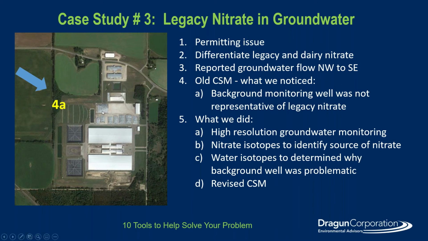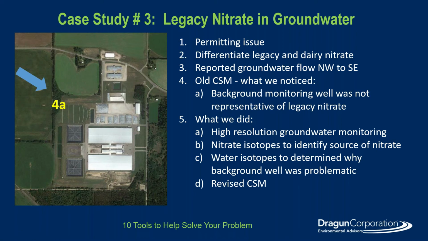We used water isotopes to figure out why 4A was problematic, and what was happening was the groundwater was mounding at 4A because of runoff from non-production areas, which ponded and caused the groundwater to be diluted in nitrates.